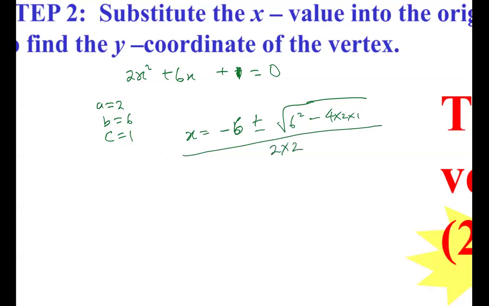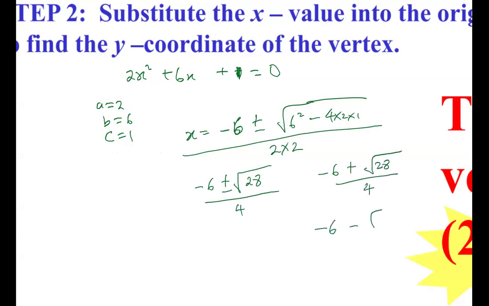So it's going to be minus 6 plus or minus root 28, over 4. Then you do this one to be minus 6 plus root 28 over 4, and minus 6 minus root 28 over 4.